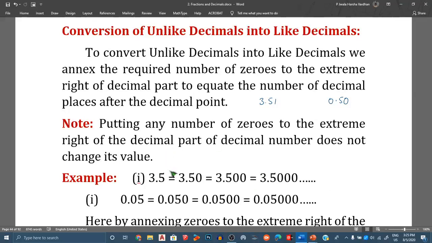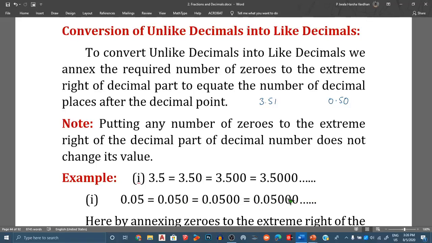So there is no change in the value of the given decimal number if we annex any number of zeros to the extreme right of the decimal part. Observe 0.05 is equal to 0.050, equal to 0.0500, like that.